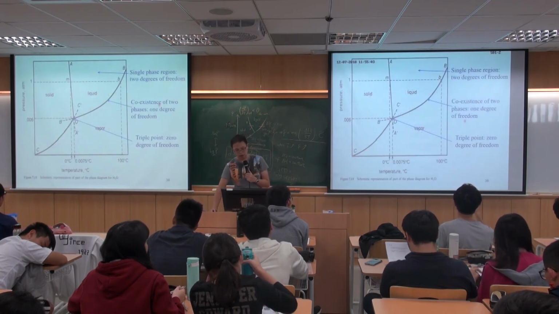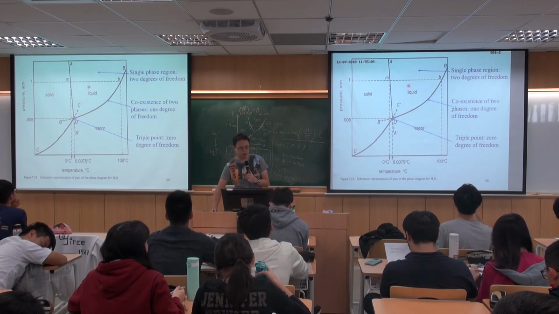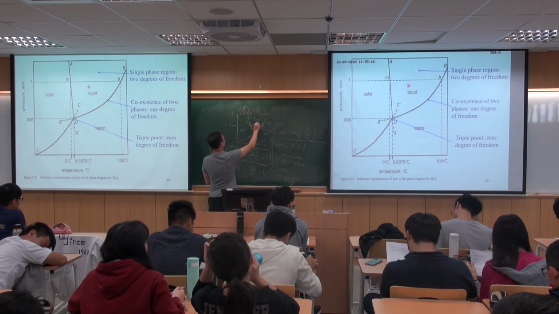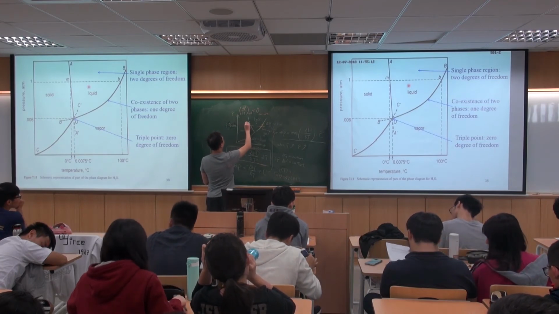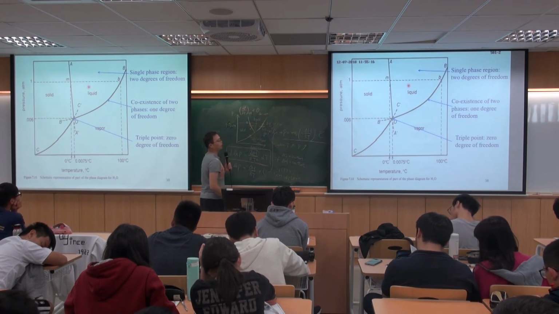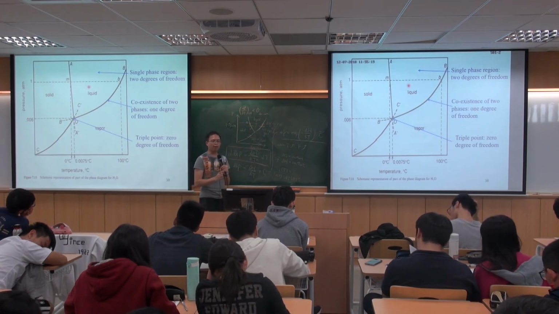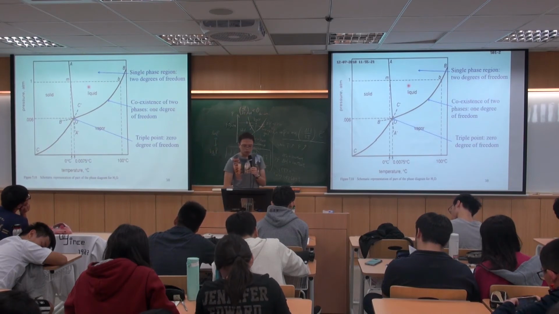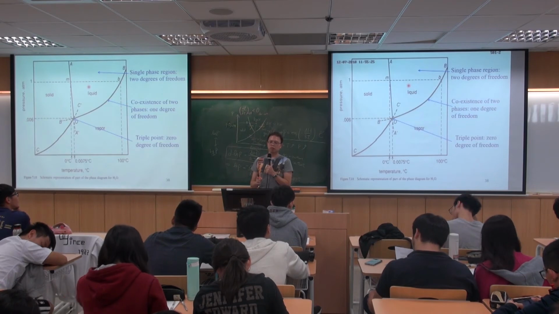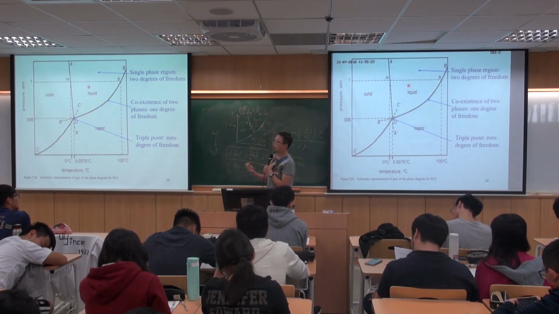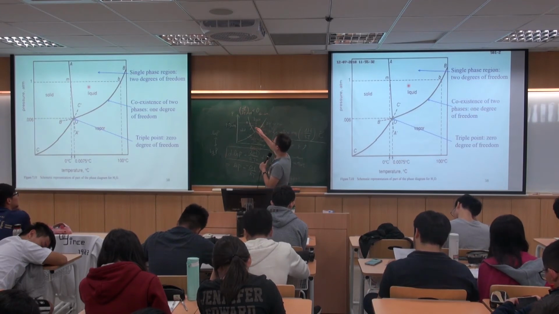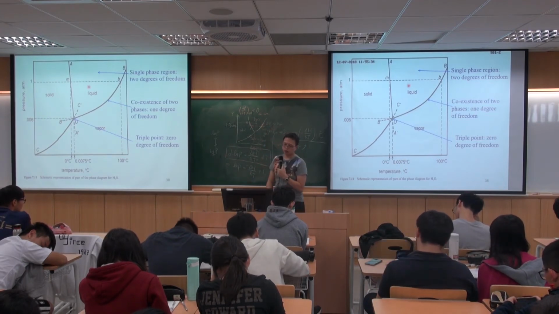And more importantly, if you're in this region, for instance, the temperature and pressure is over here, then it means that you only have 1 phase, but you have 2 degrees of freedom, right? Because you can change temperature, you can change pressure, but you are still within this boundary. You are still in the liquid phase.